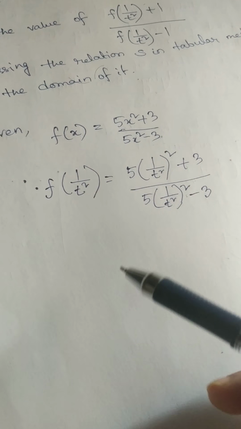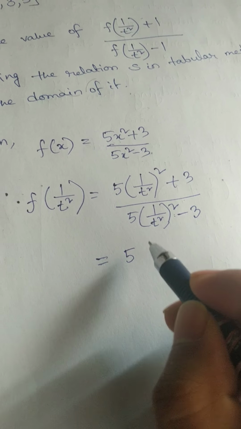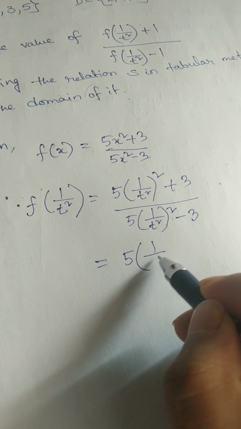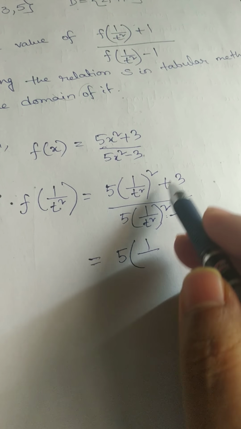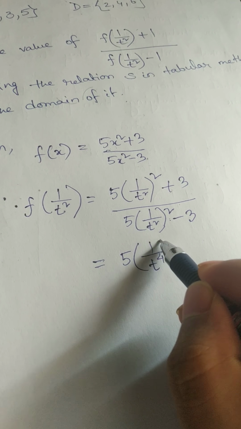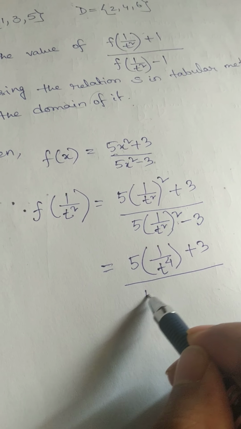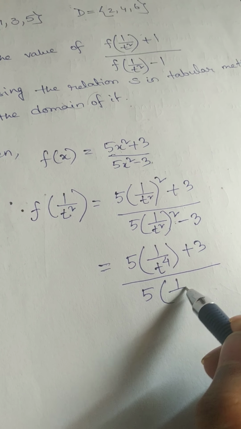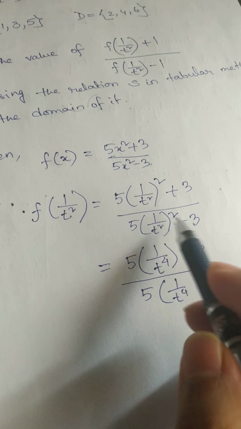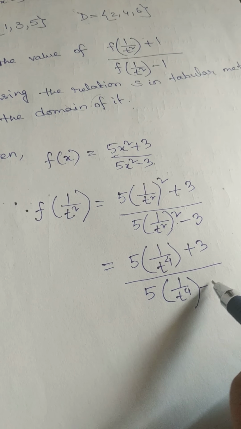So I need to break it up. It equals 5 into 1 by t to the power 4 plus 3 divided by 5 into 1 by t to the power 4 minus 3, because t square whole square is t to the power 4. You already know it.